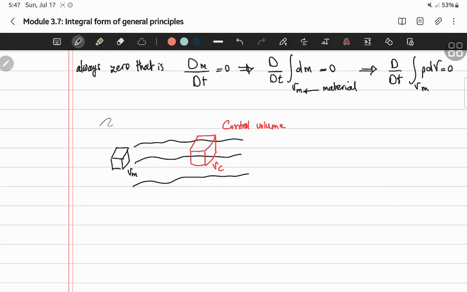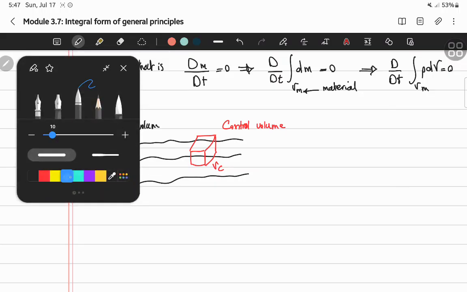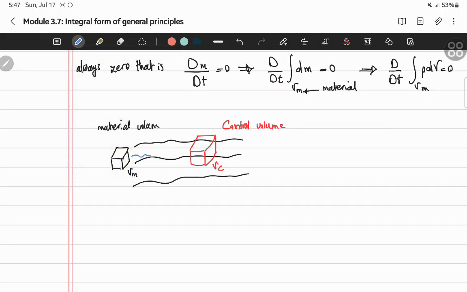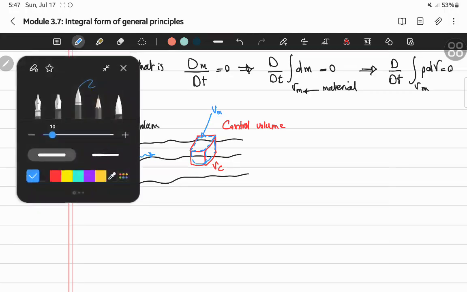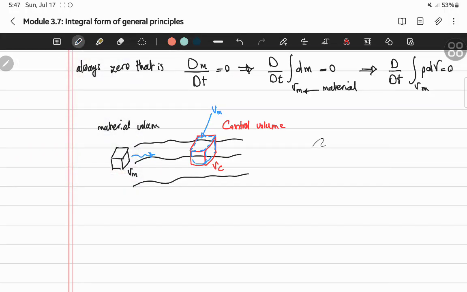So this is the material volume. At an instant, this is moving, and at an instant these two coincide. So Vm is equal to Vc.